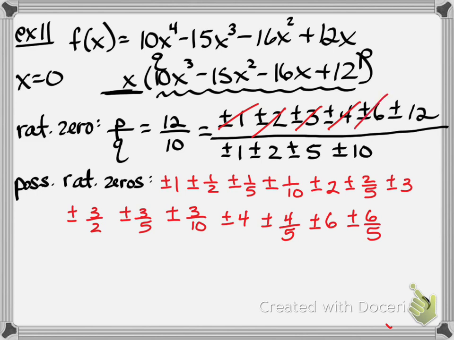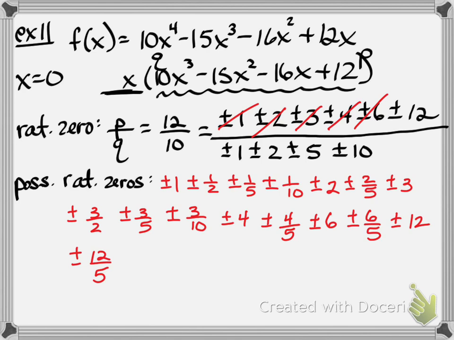And lastly, we'd have 12 over 1, 12 over 2, which is 6, 12 over 5, and 12 over 10, which is 6/5.